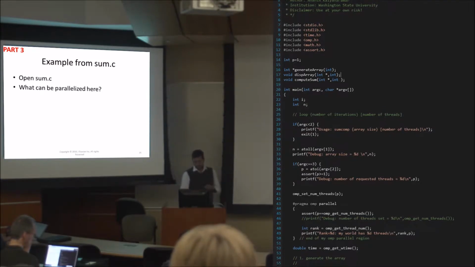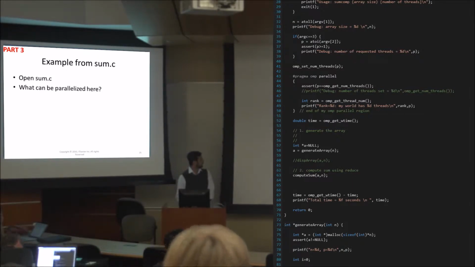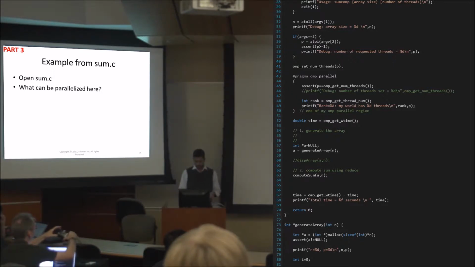Once you have that, we have written two functions here. One generates the array of size n, and a is the array that you return at the end of it. Then you pass that array with its size to this other function called compute sum, which simply adds all the numbers in that array. So this is the main function.